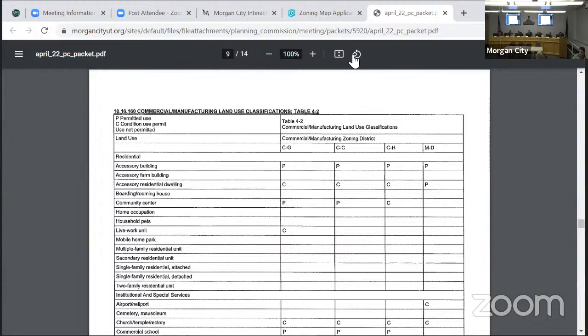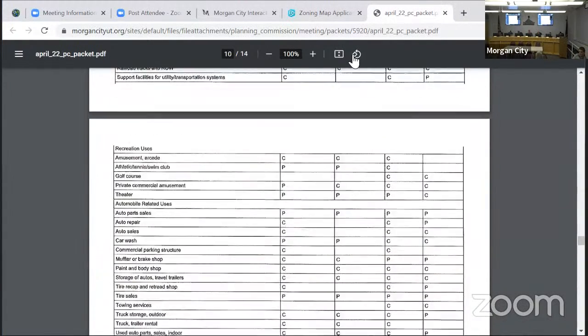My question is why is it a conditional use permit in commercial highway and in the industrial when there's less of an impact? So should it be a conditional use in a commercial highway and a manufacturing, or should it be permitted? In my book, I think permitted because it has less impact in those areas. I'm not sure why it was a conditional use permit in the first place.